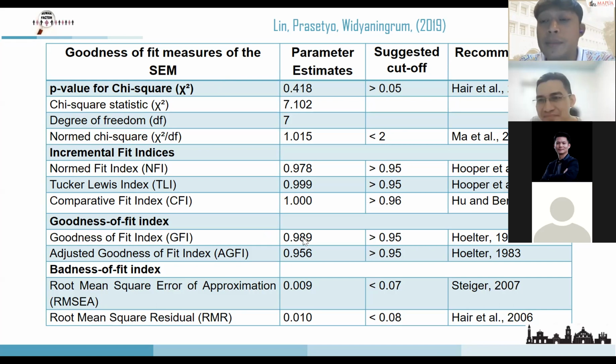Usually the minimum for the GFI and AGFI higher than 0.8 is already good. It does not need to be like this one. If you see my other publications, higher than 0.8 is okay, but people always say that's low. The most important is not low or high.